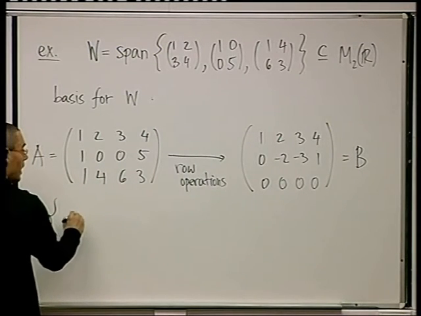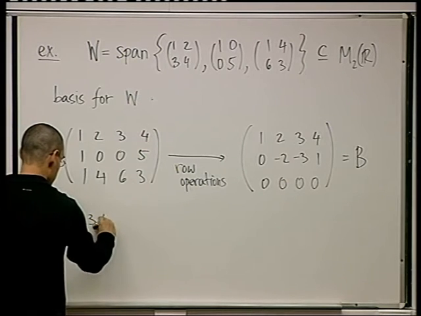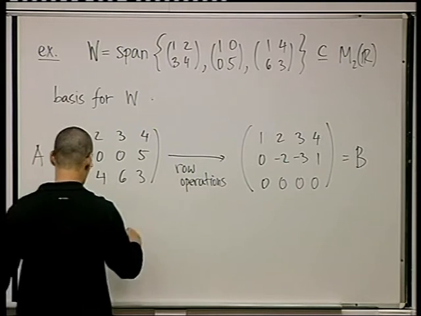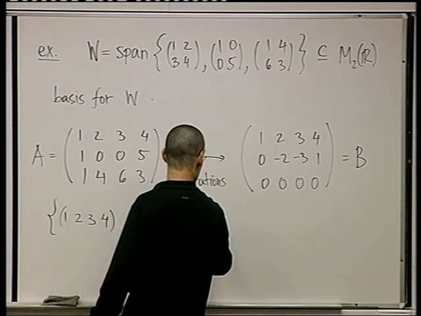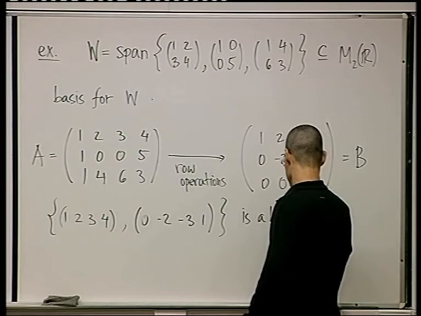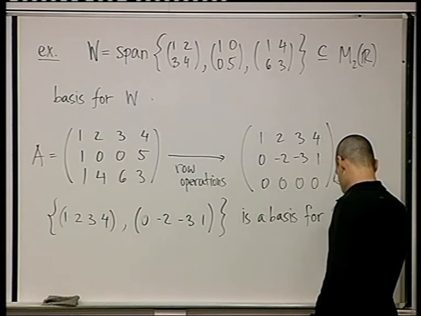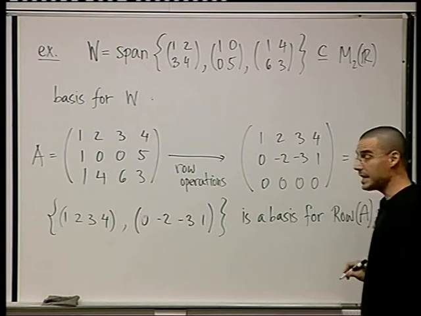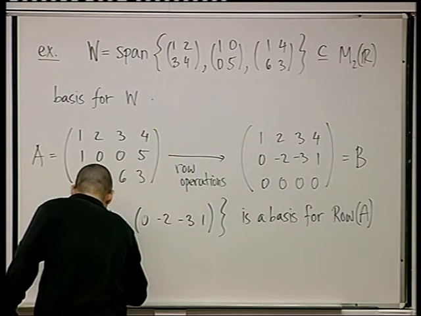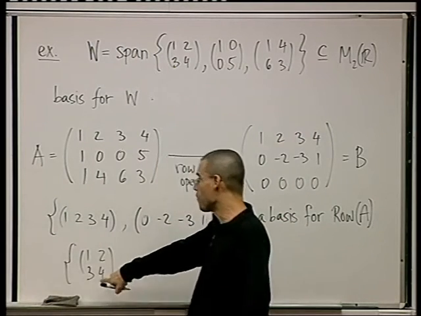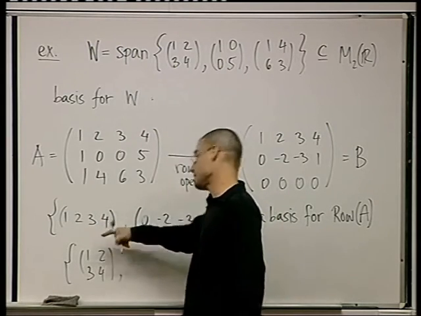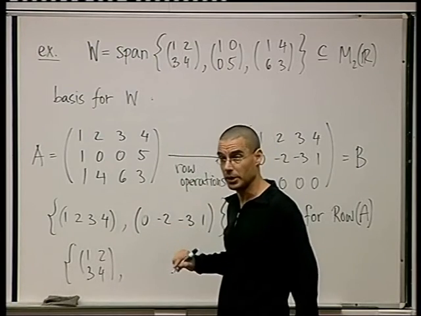So the set 1, 2, 3, 4. We don't need the commas, right? We wrote them like this. 1, 2, 3, 4, and 0, -2, -3, 1 is a basis for the row space of B, and therefore of A. And therefore, if I take the 2x2 matrices for which these are the coefficient vectors, these are linearly independent if and only if the corresponding matrices are linearly independent, right?